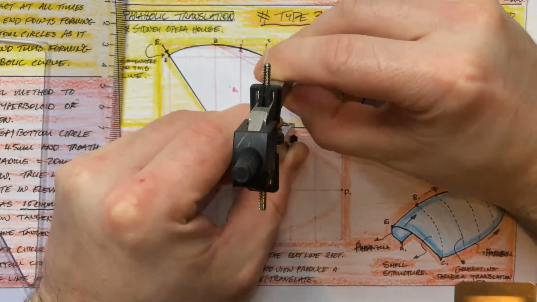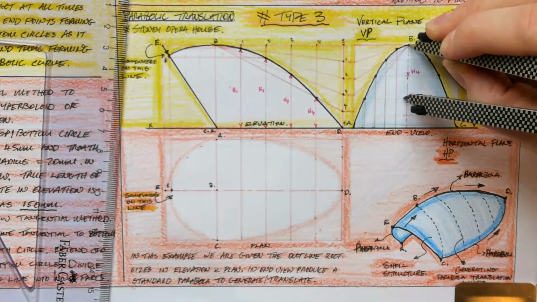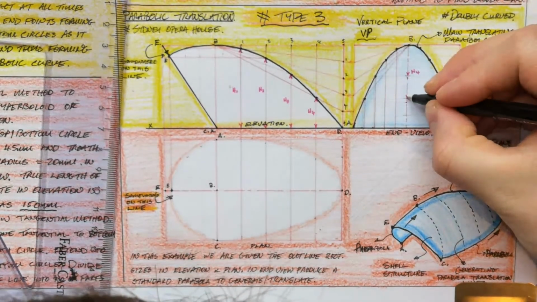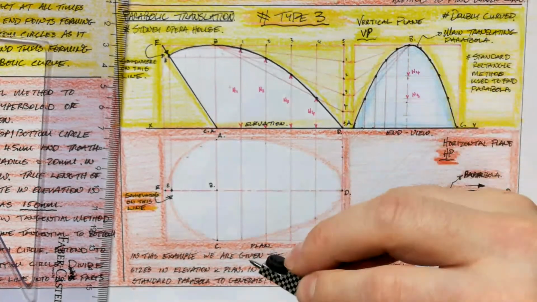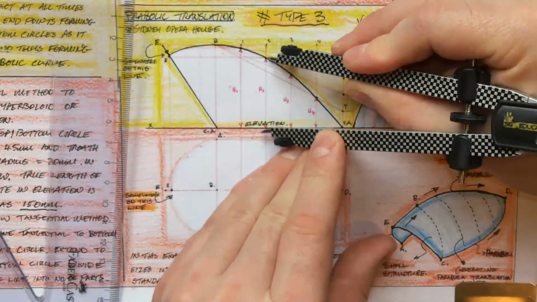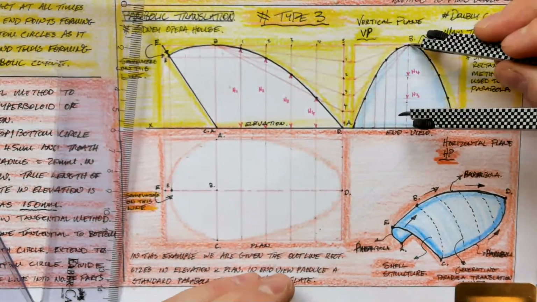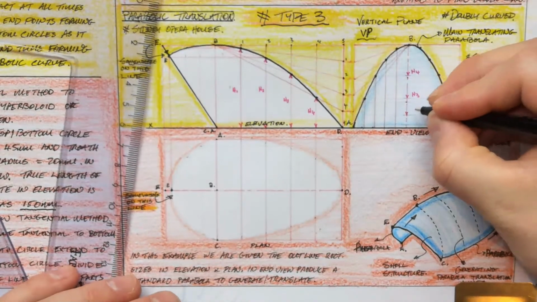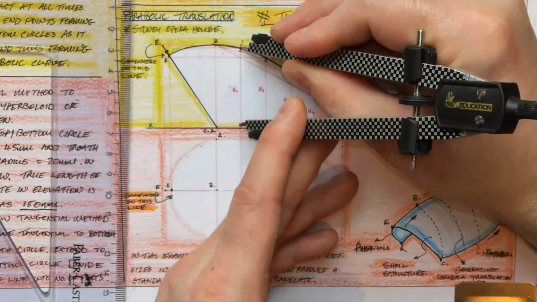Then I'm going to go to H3, take the distance for H3 like that, step it down from B, and then I'm going to do the same thing, except this time I'm going to mark H3. Next one, H2. Take H2 on the compass, mark it down from point B, step it off, then mark H2, and then finally H1.